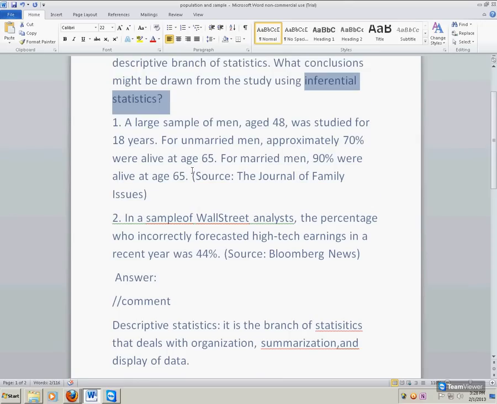If you take a look at that question again, it looks like the people that were sampled were 48, and they were sampled for a very long time, for 18 years. But what they got from that, the summarization or the organization, was that 70% were alive at 65, and 90% of married men were alive at 65.